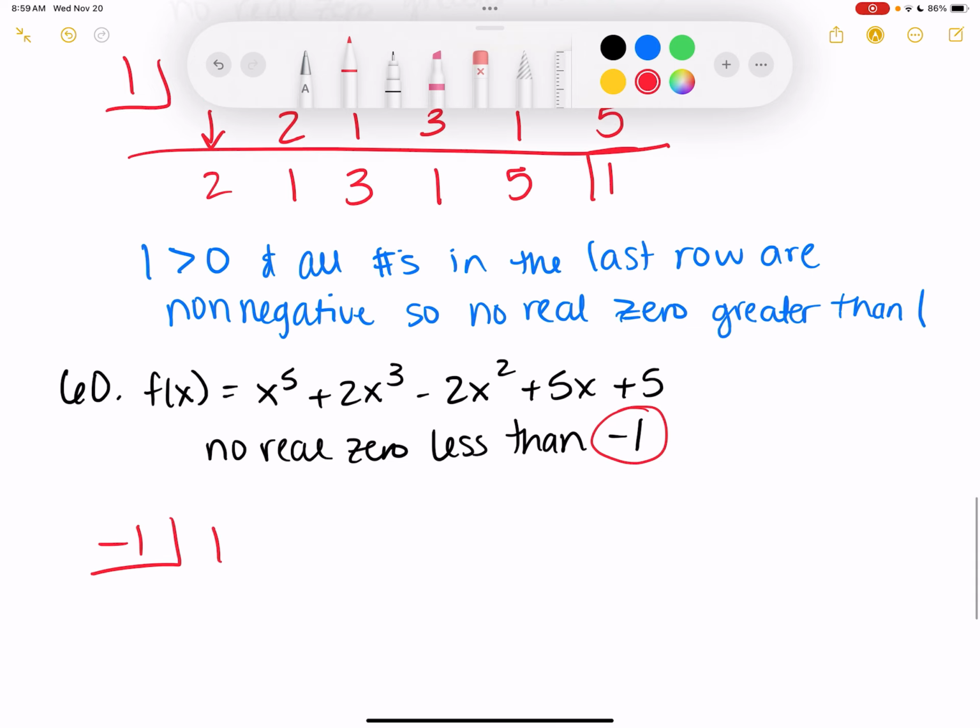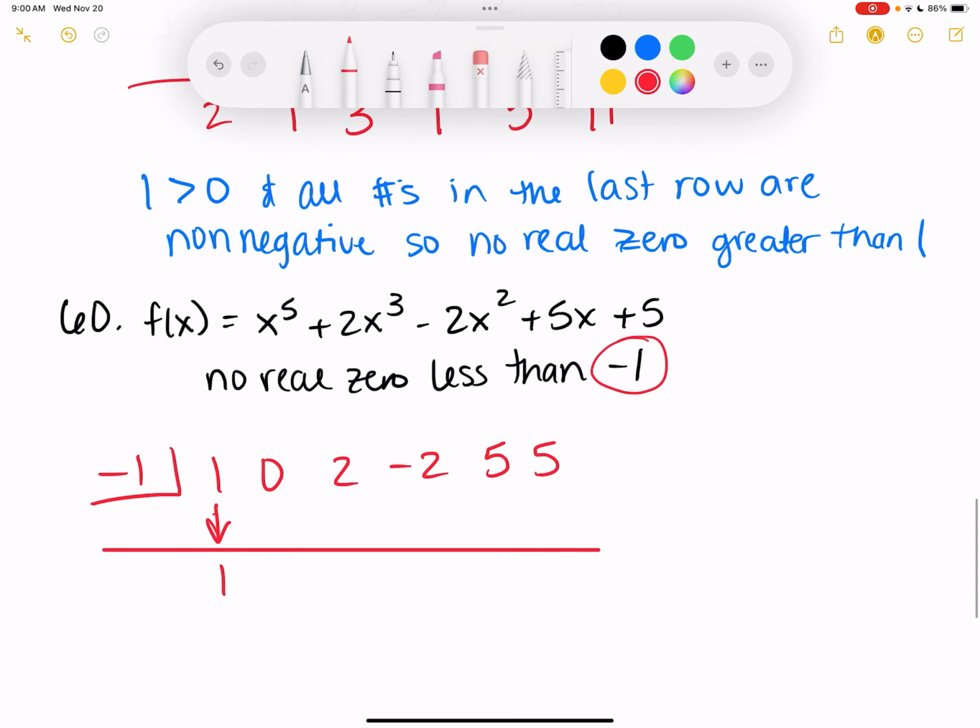So I've got 1, 0, 2, negative 2, 5, 5. For no real zero less than negative 1, I'm looking for alternating non-positive, non-negative. It does not matter which the first number is. In this case, it's going to be non-negative because it's going to be a positive number. But it does not matter which starts as long as they are alternating all the way through.